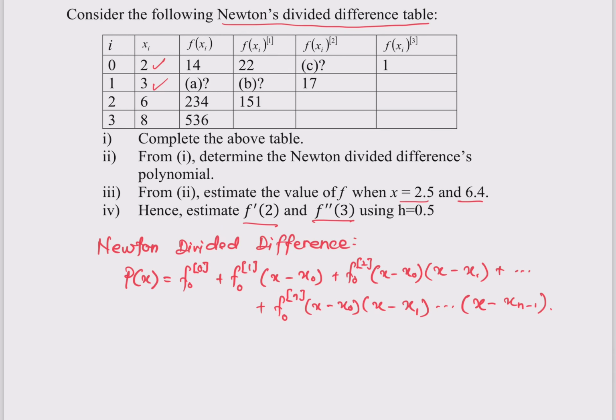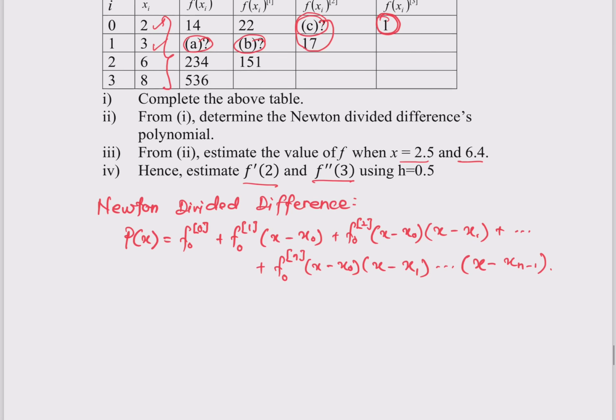So the first question, complete the above table. So meaning that we need to find what is the value of A here, B here, and C here. And the first step, of course, we know that this value here we will get from these two values divided by the difference between all these x, minus 2.